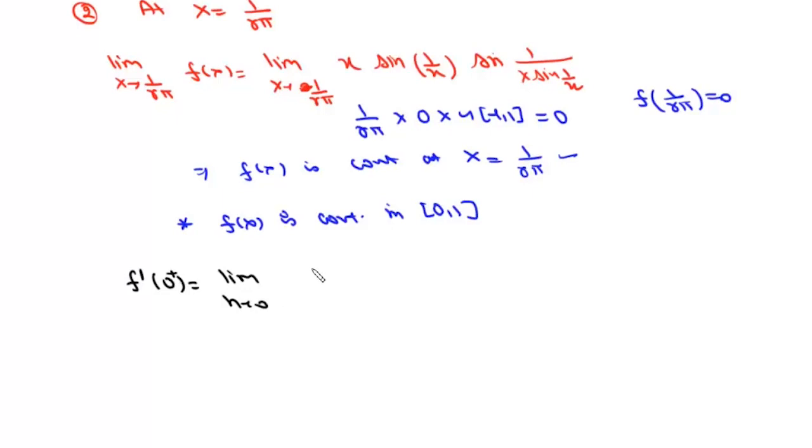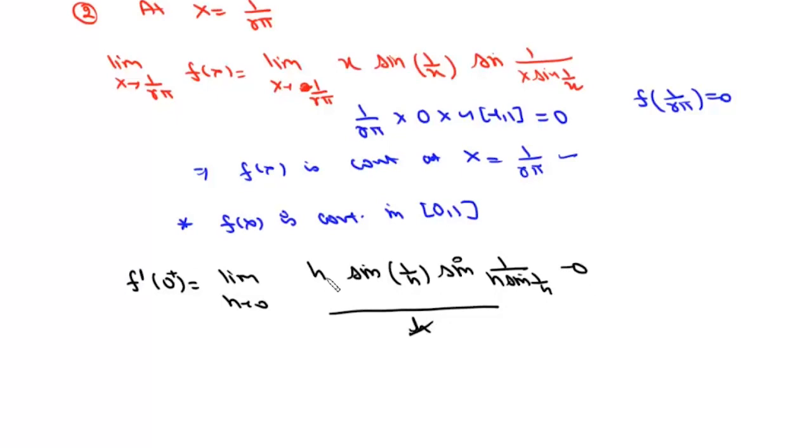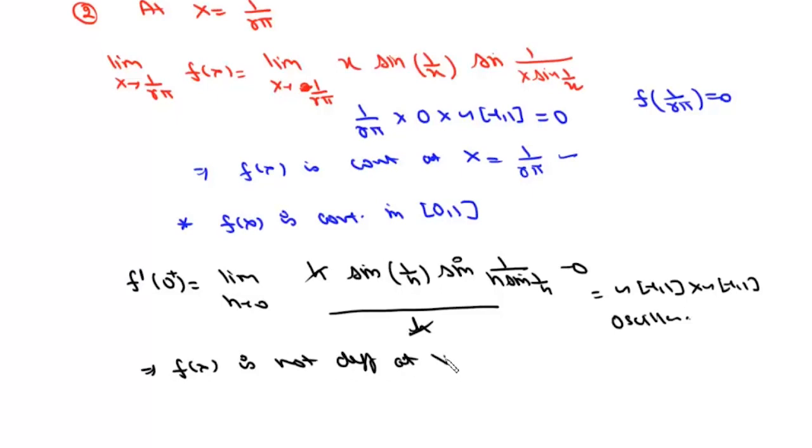It will be the limit as h tends to 0 of h sine 1 by h minus 0 upon h. Now this h and h will cancel. Now we'll put in the limit. Sine infinite is an oscillating value between minus 1 and plus 1. So this f dash 0 is an oscillating value, and if it is an oscillating value, this limit does not exist. That means f(x) is not differentiable at x equals 0.